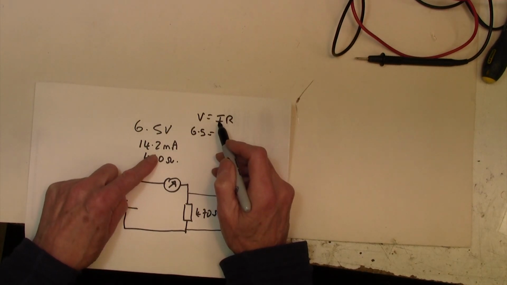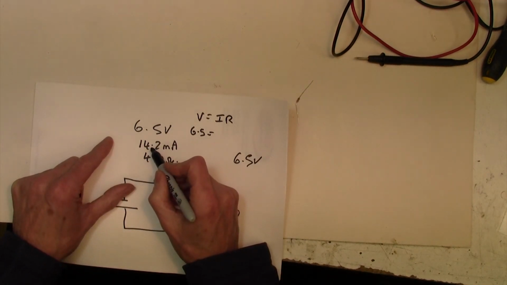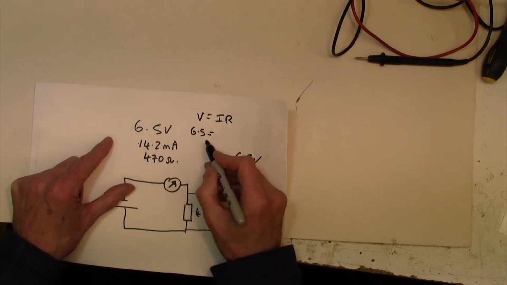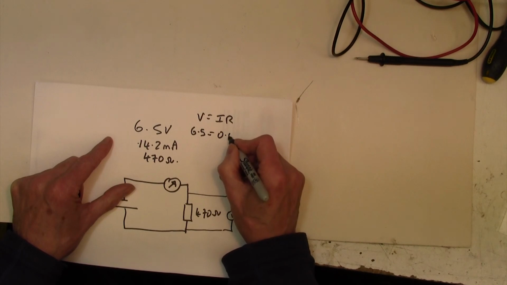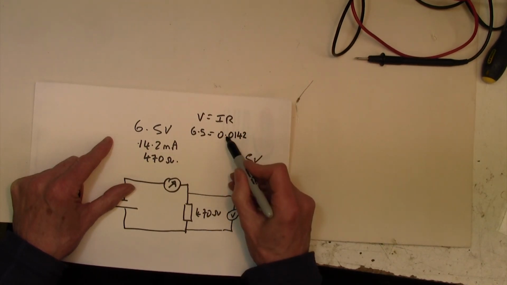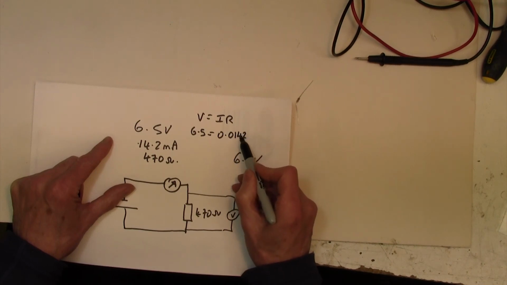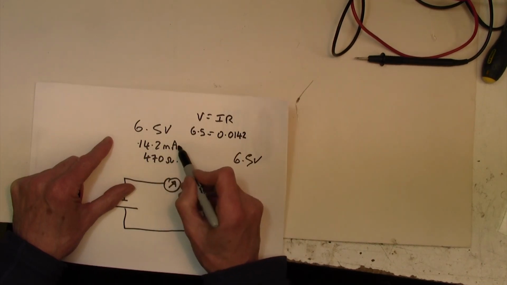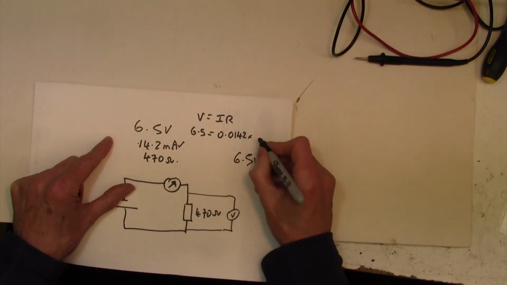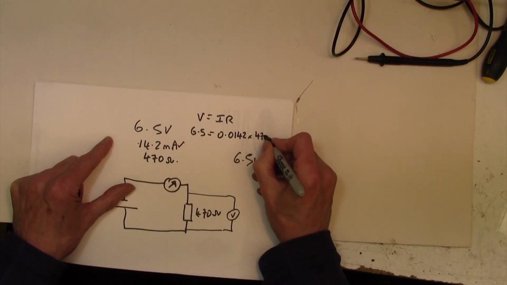We've got milliamps, so we need to go 1, 2, 3, 0.0142 amps. 14.2 milliamps. Check. Multiplied by the resistance, which is again straightforward, 470 ohms.